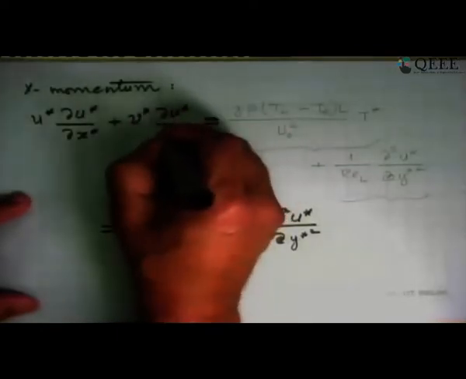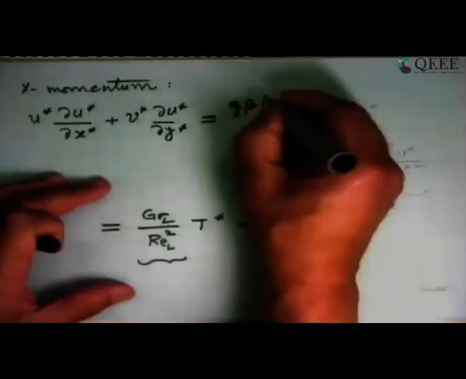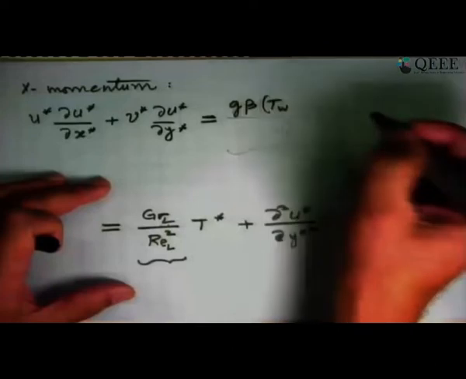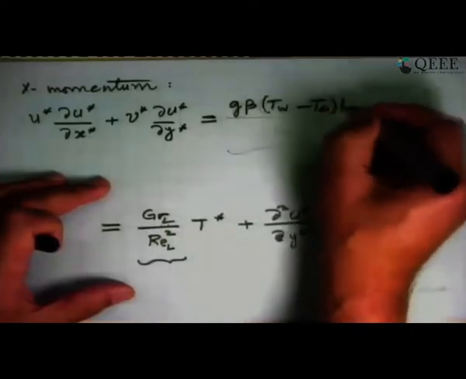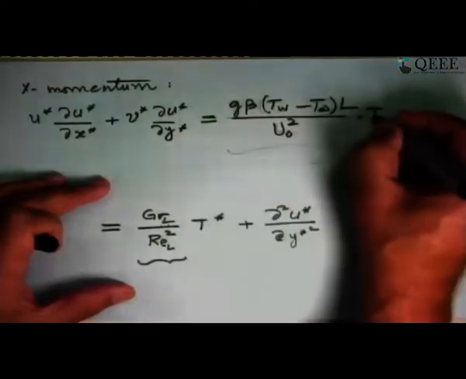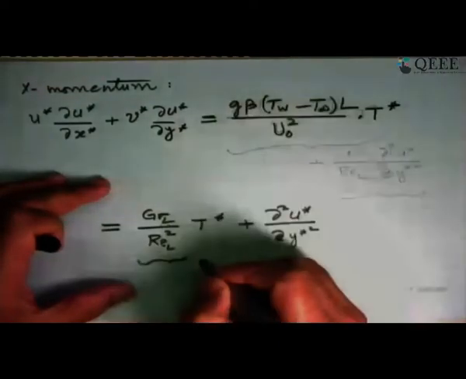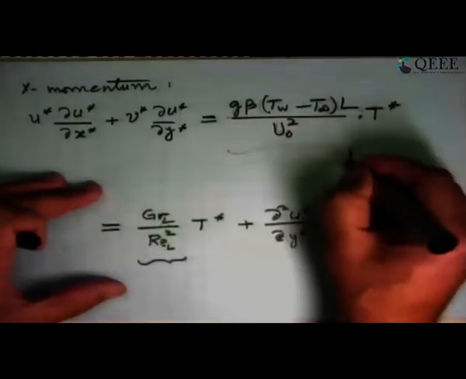So it becomes u star du star by dx star, plus v star du star by dy star. And on the right side, we'll get two terms coming in here. One is g beta (Tw minus T infinity) L upon u0 square multiplied by T star.